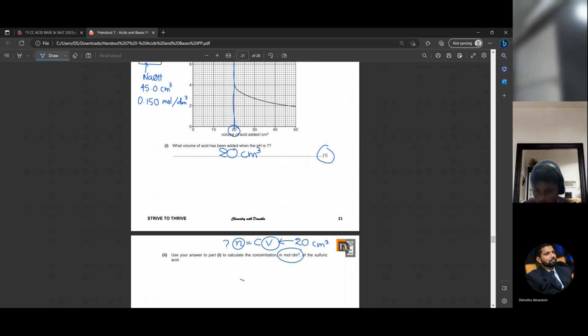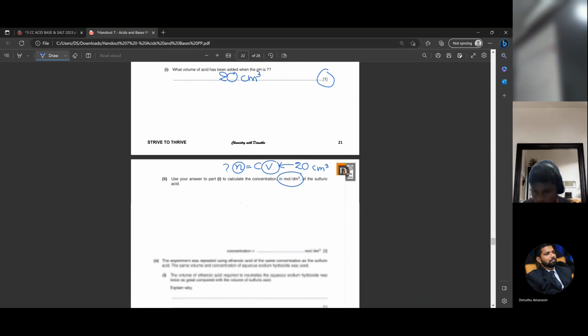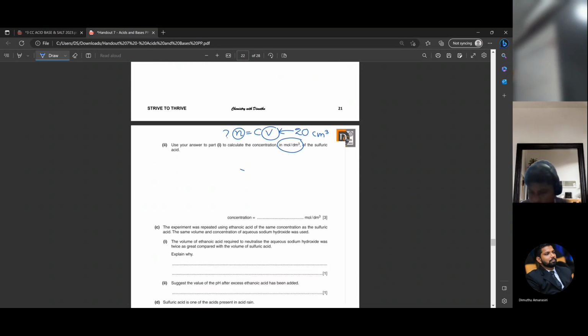In order to find the moles, as I told you, we can start off with sodium hydroxide, because we know its concentration and volume. So we find moles of sodium hydroxide. n equals CV.